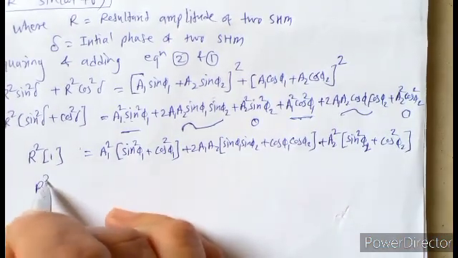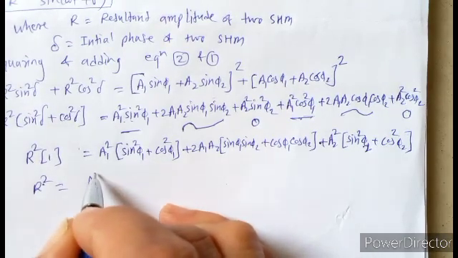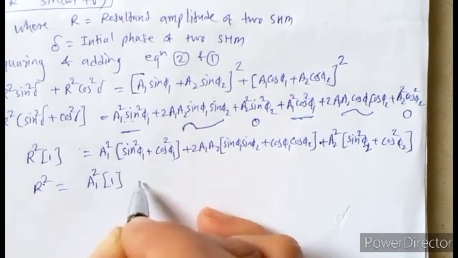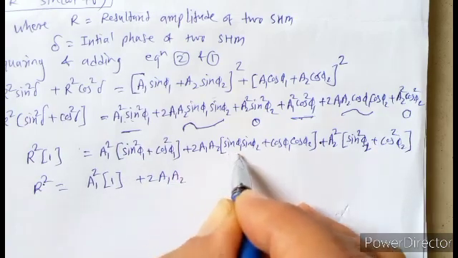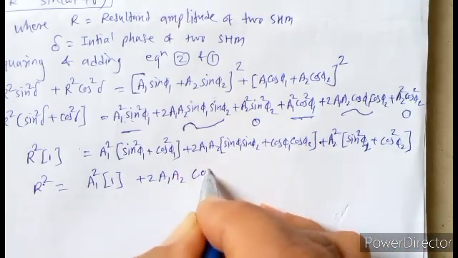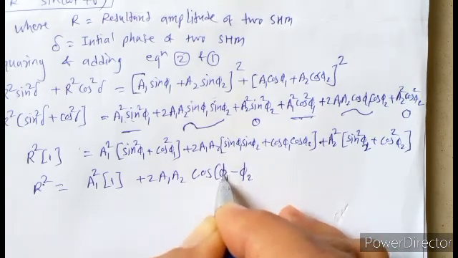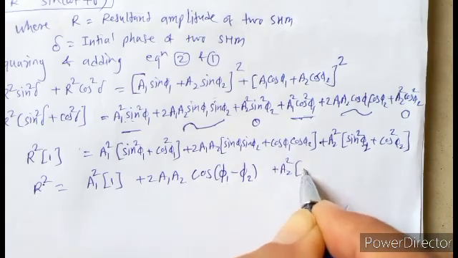So r square is equal to, this first bracket is equivalent to 1, using the identity of trigonometry. So a1 square into 1 plus 2 times a1a2, this is the formula of cos of (phi 1 minus phi 2), plus a2 square into 1.